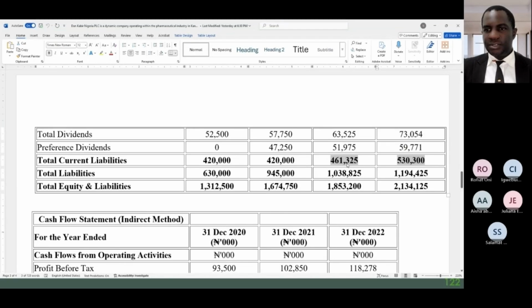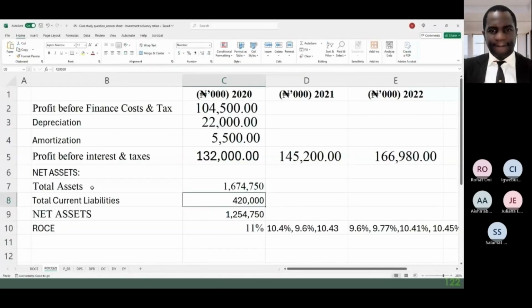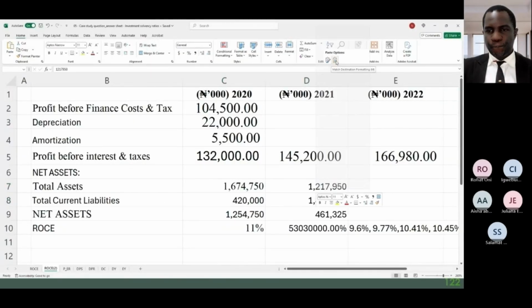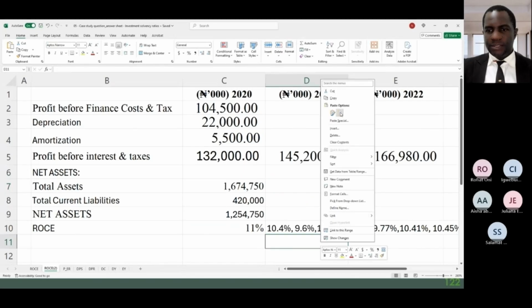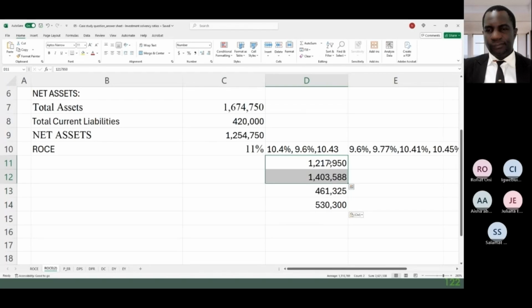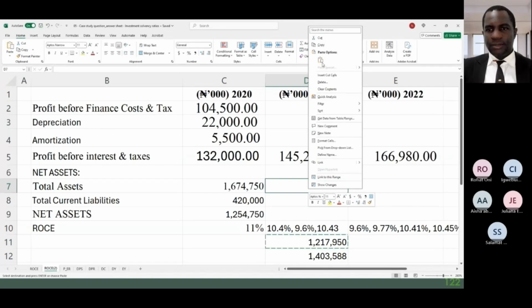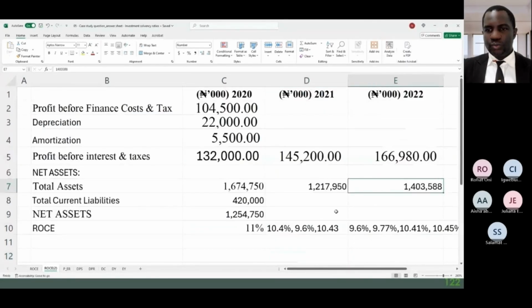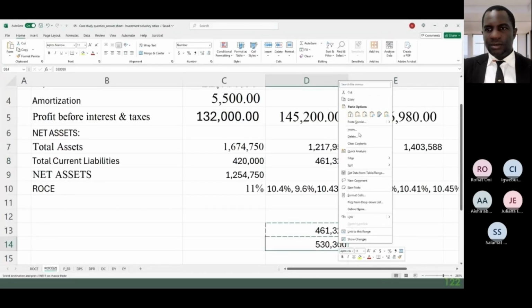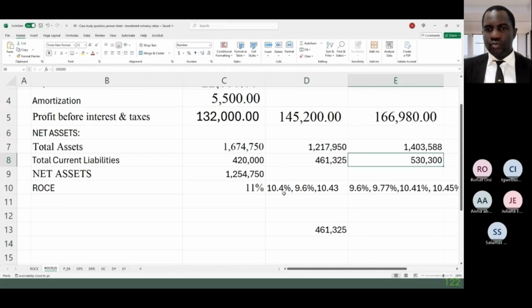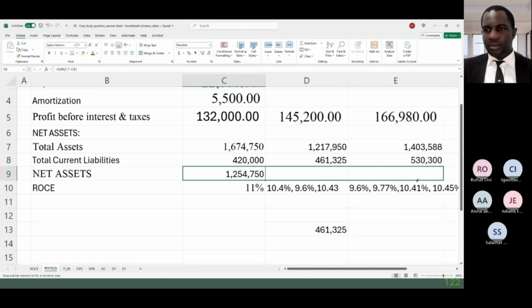Let me pick the four figures. I paste it here. These are our total assets for 2021 and 2022, and total liabilities for 2021 and 2022. Okay, so let me get the total.